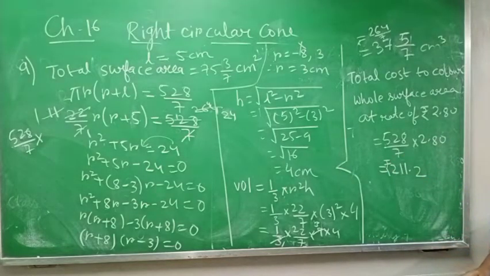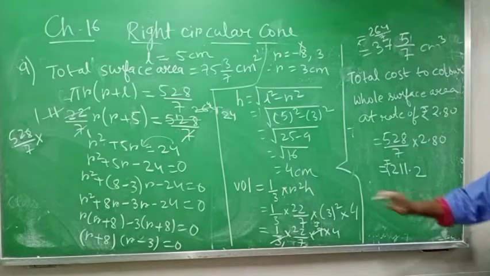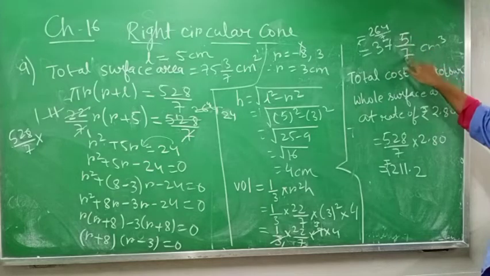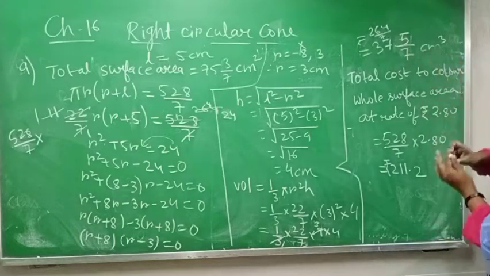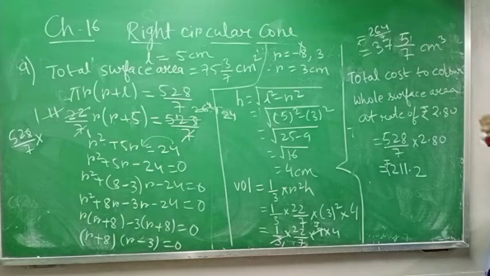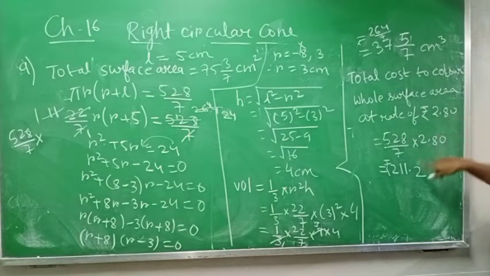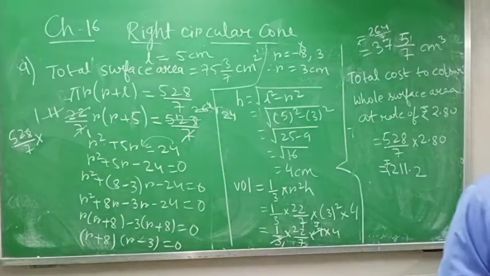Okay. So 3 answers we got. Height is 4 centimeter, volume is 37 5 by 7 centimeter cube, and total cost to color the whole surface area at the rate of rupees 2.80 is 211.2. Okay, copy this one.